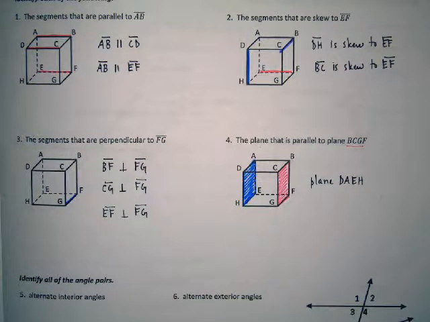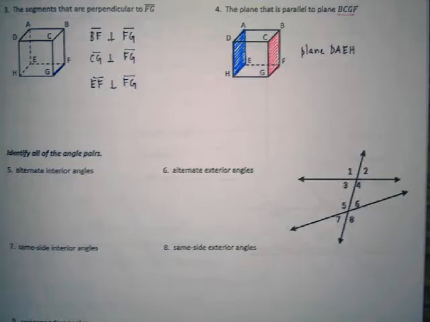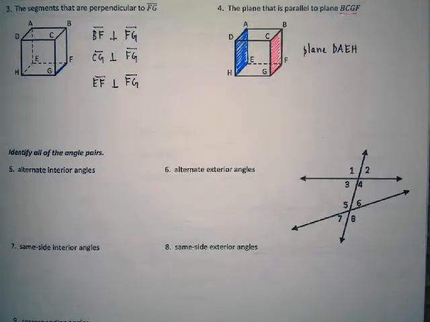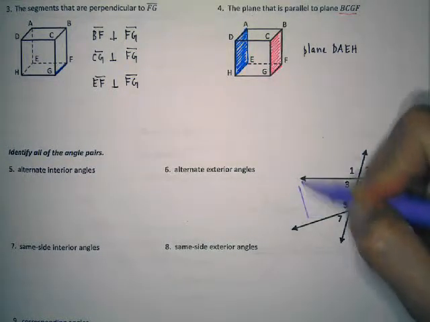So that's all to do with our first target, just identifying parallel, skew, and perpendicular segments and planes. So now we're going to move on and look at these angle pairs and see if we can identify them. And so something that may be helpful is I'm going to first kind of shade my areas here.